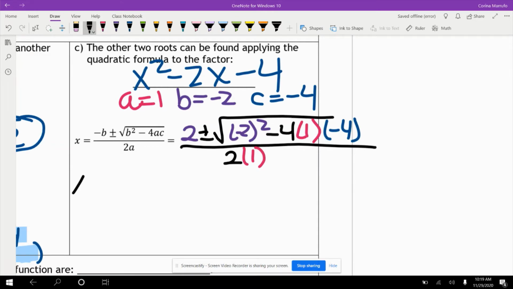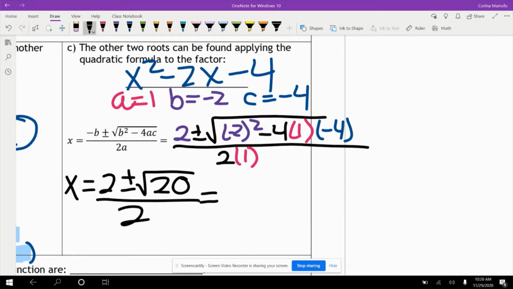Okay, so we're going to go ahead. Remember, we do the part under the square root first, just to make sure we get a whole number. So 2 plus or minus the square root of, we're going to do negative 2 squared minus 4 times 1 times negative 4. And that gives us, let's simplify it. So 2 plus or minus the square root of 20 is going to give us 4 times 5.